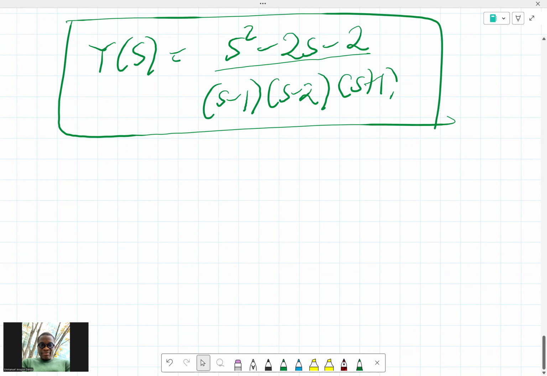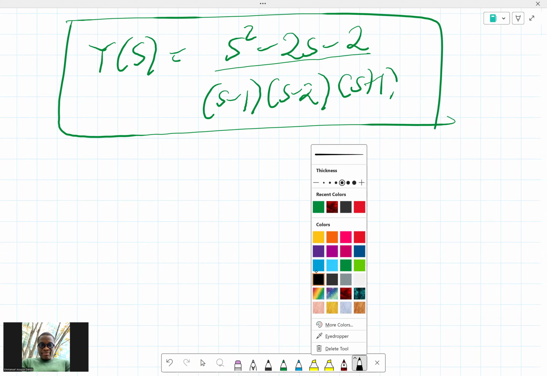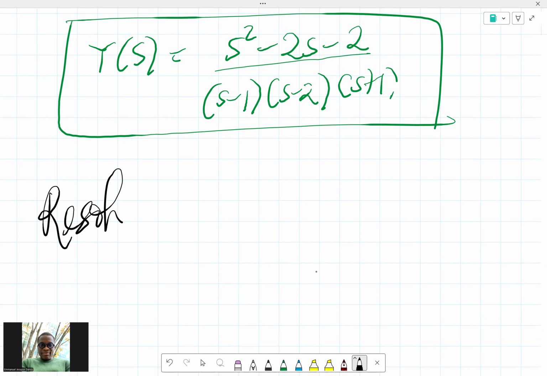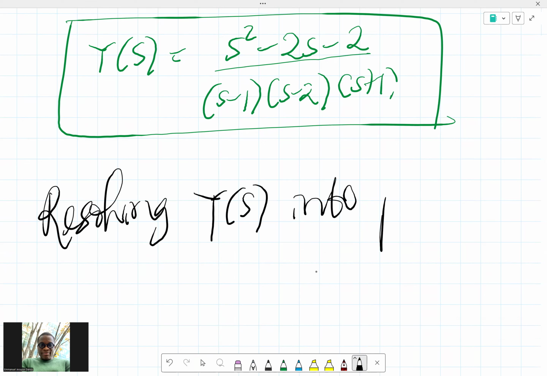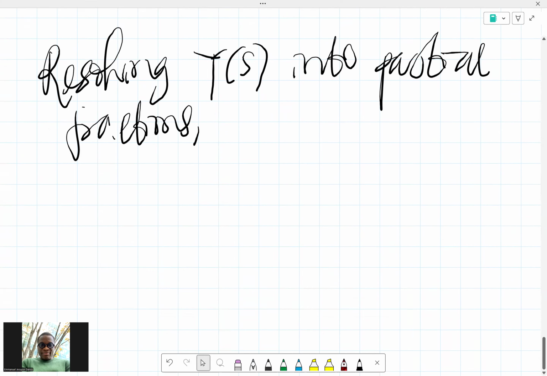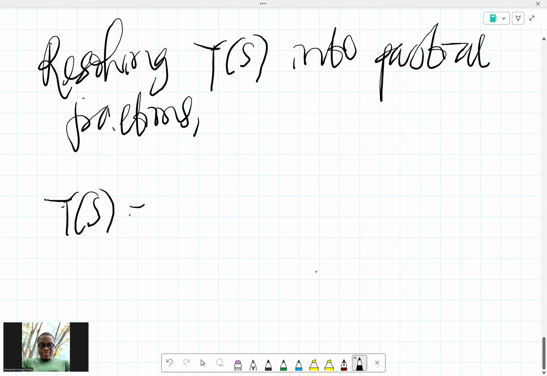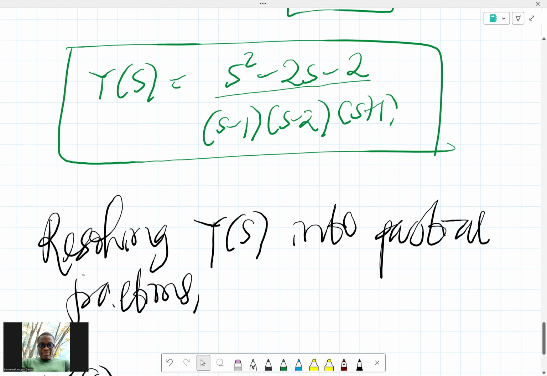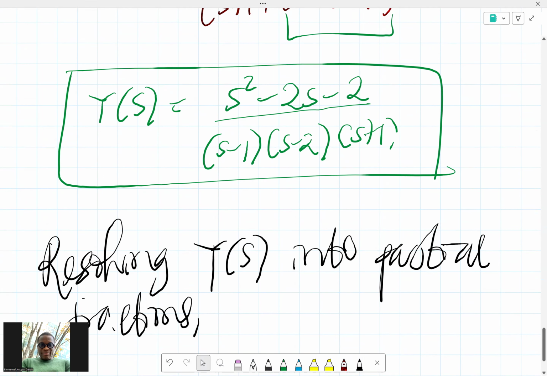So this is the tidy expression we can work with. So we now have to resolve into partial fractions. Okay, let me switch over to black. So resolving y of s into partial fractions. Okay, so we have y of s such that, the bottom is all linear, right?